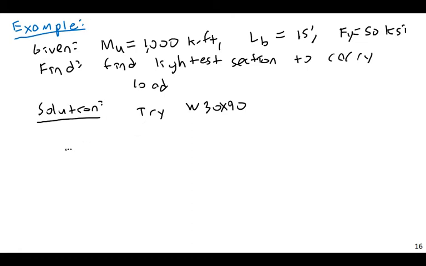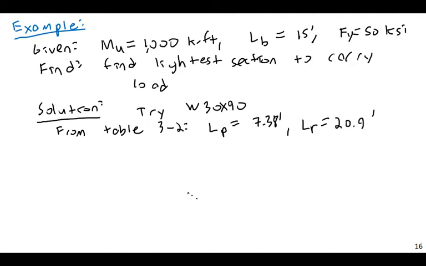So from the table, and I do know, of course, that I can use this table because I'm dealing with an Fy equal to 50 KSI. And I'm looking here, I can see that LP, the plastic length, is going to be equal to 7.38 feet, and LR is going to be equal to 20.9 feet.